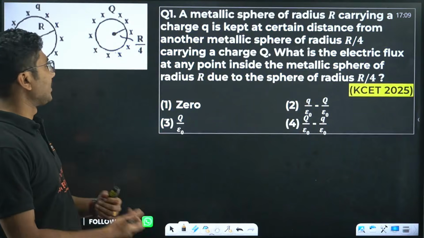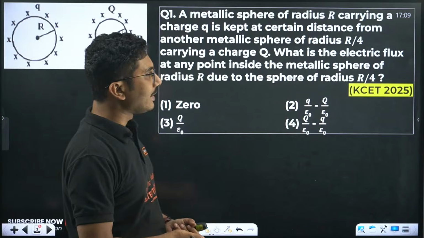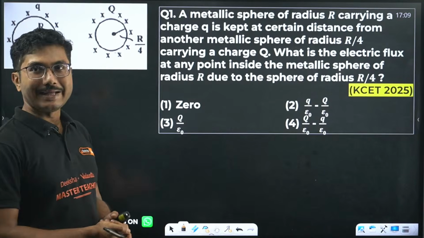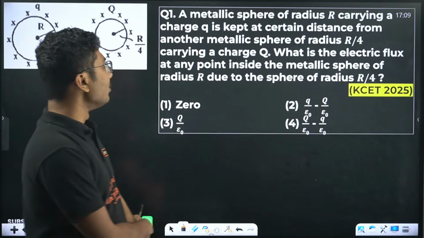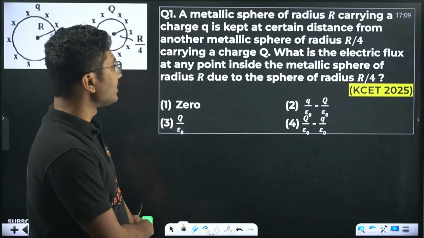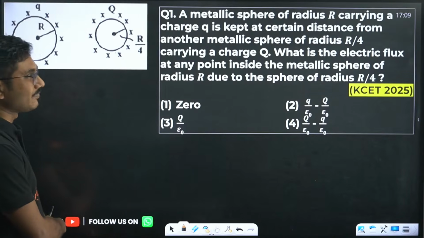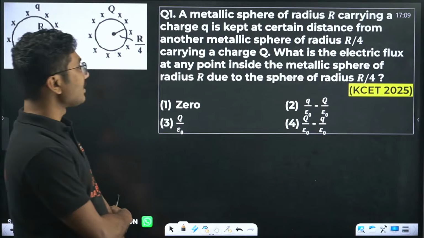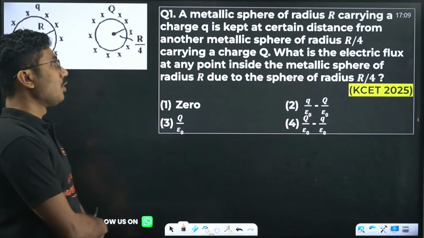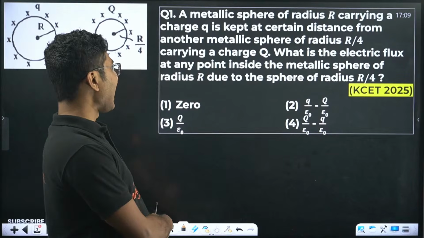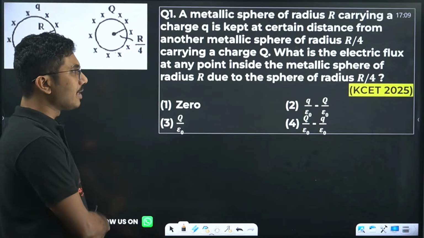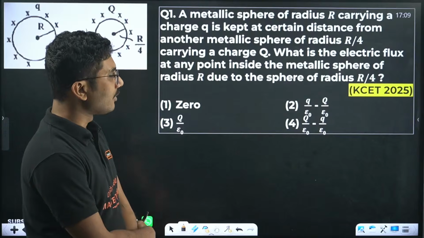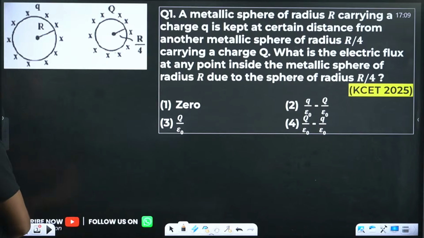So first question, this question came in 2025. A metallic sphere of radius R carrying a charge q is kept at a certain distance from another metallic sphere of radius R by 4, carrying a charge capital Q. What is the electric flux at any point inside the metallic sphere of radius capital R due to the sphere of radius R by 4? So let's see.